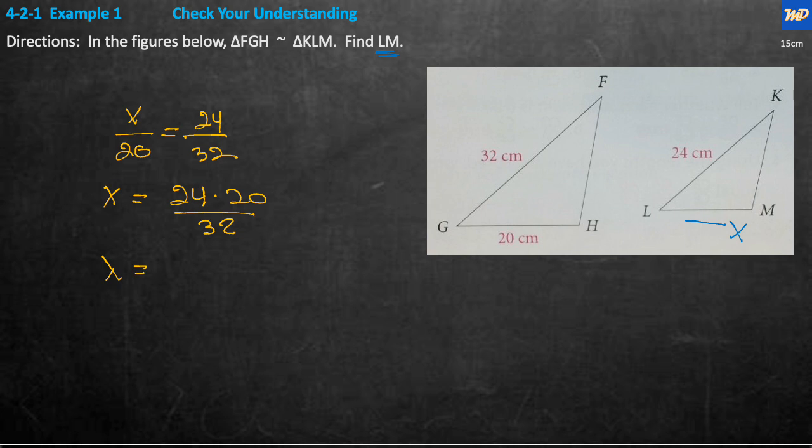X is equal to 480. 24 times 20 is 480, and that's divided by 32. And if you divide 480 by 32, you're going to get 15, and it is centimeters. 15 centimeters. Okay?